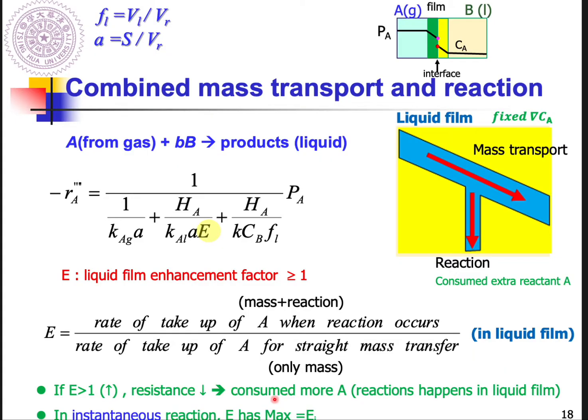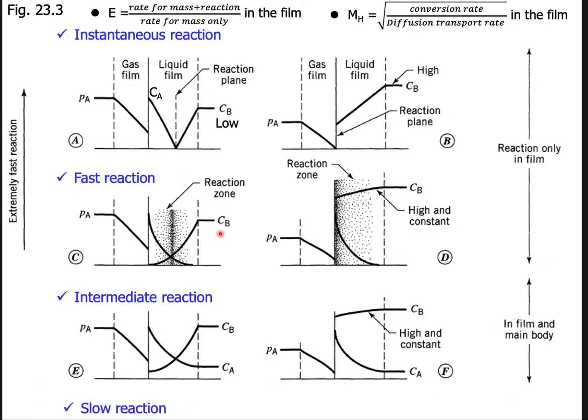Okay? And this slide says now you know the E, right? So next slide, we are going to show you several different kinds of fluid-to-fluid reaction, based on different reaction rates and also low concentration of Cb and high concentration of Cb.